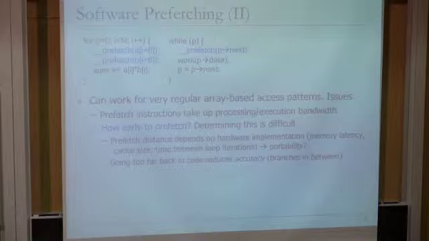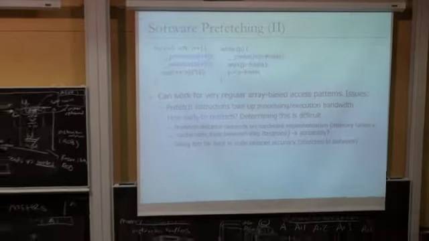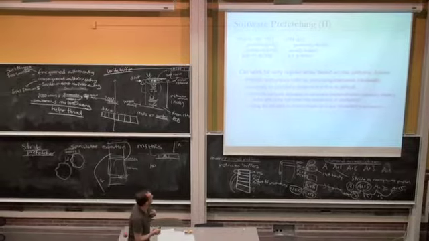Because this second machine's cache may be much bigger. And these prefetch instructions are useless. And they occupy machine resources, so you lose performance. So that's one of the disadvantages of doing it at the software level. Your code portability, performance portability, if you will, is not good. What you optimize for one machine is not optimized for another machine.